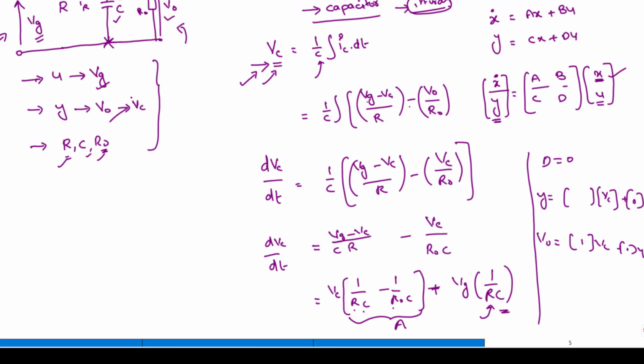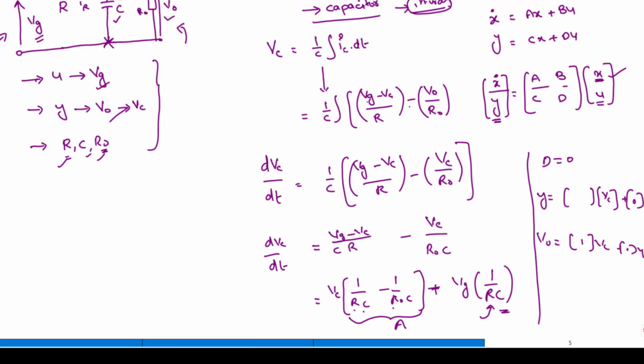Now it's clear. After that, our main interest is on the energy storage element. We already know that the voltage across the capacitor is equal to 1 by C integral IC dt. So directly we are taking 1 by C integral.